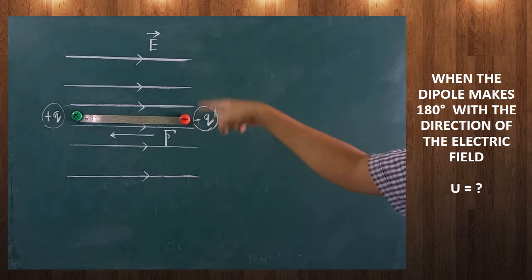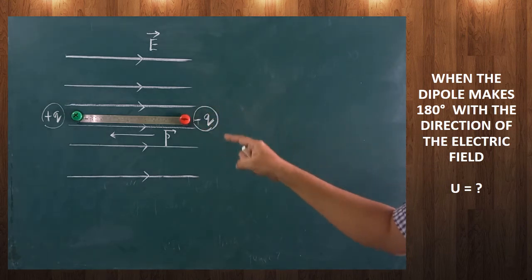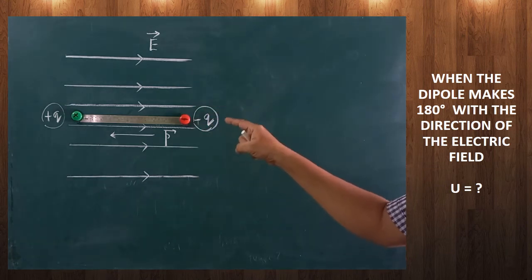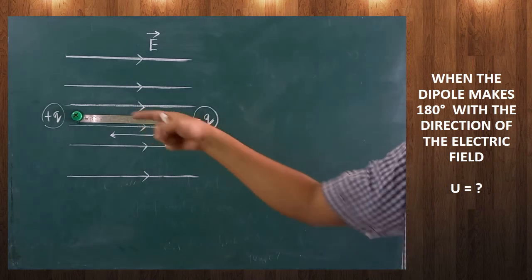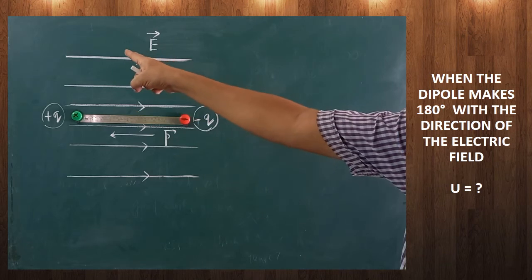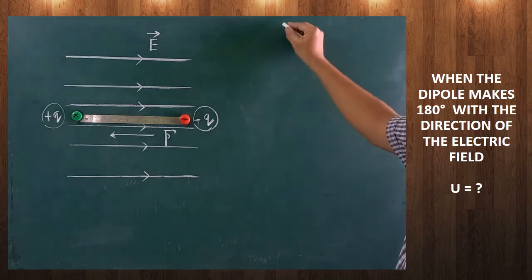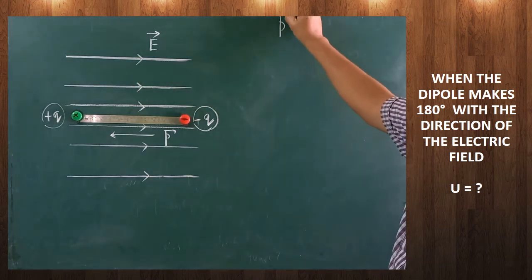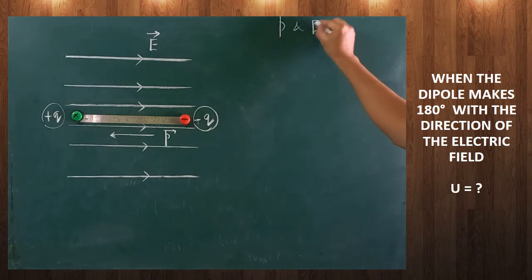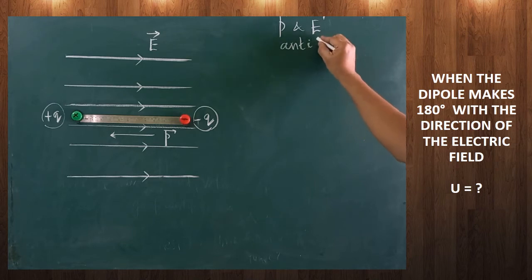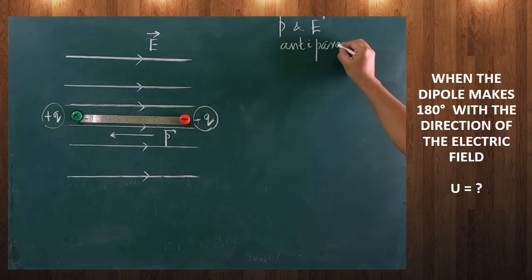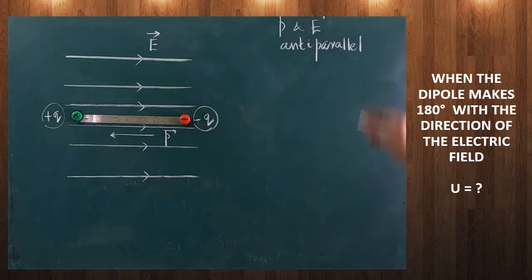Therefore, these two vectors are acting in opposite directions, that is, they are anti-parallel. P is acting from minus q to plus q, and the electric field is acting in this direction. So the P vector and E vector are anti-parallel.